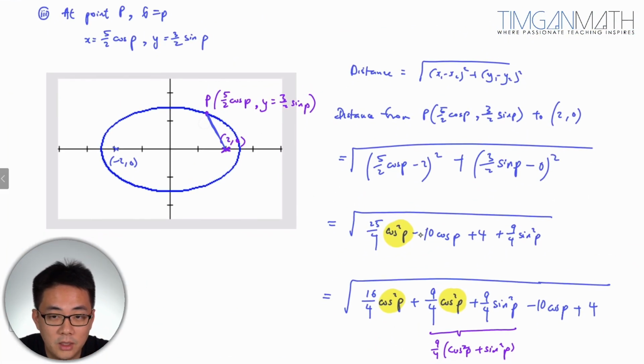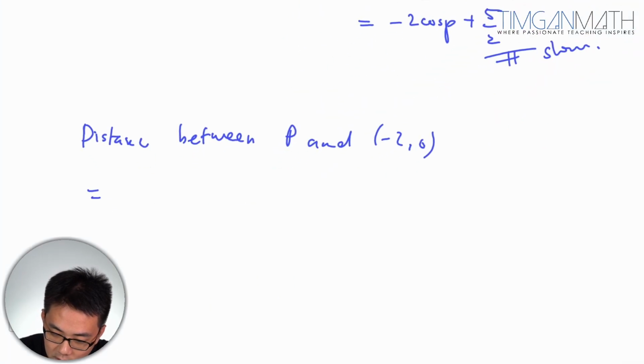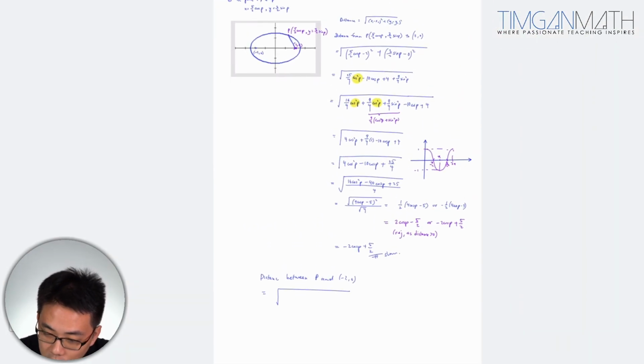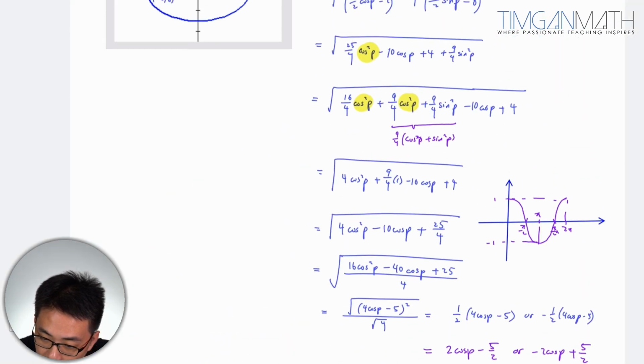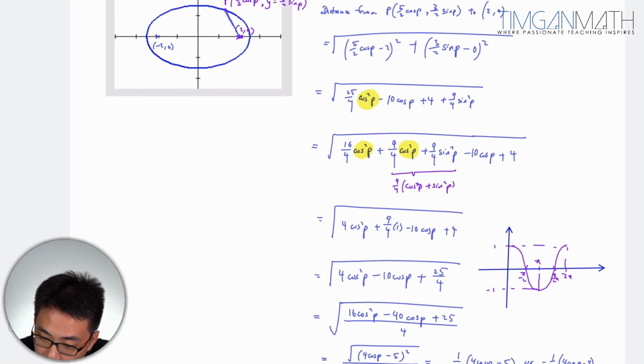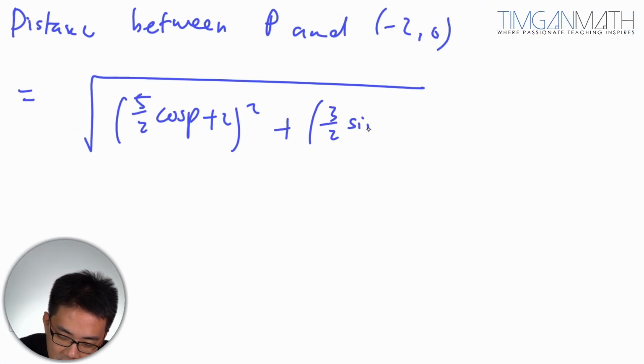So this whole thing will be plus 10 cosine p as well. So this is 5 over 2 cosine p plus 2 squared, and plus 3 over 2 sine p squared.